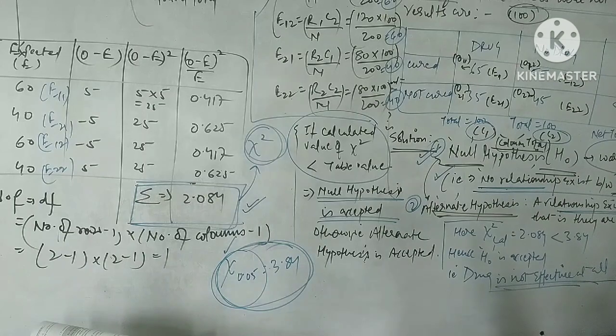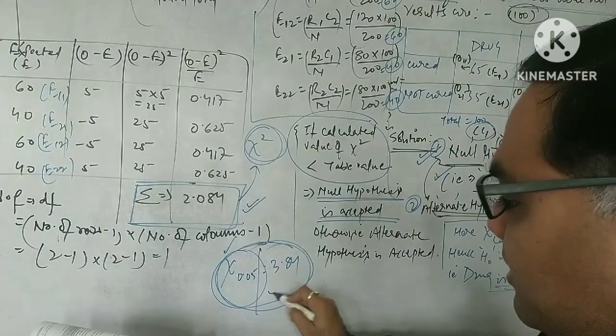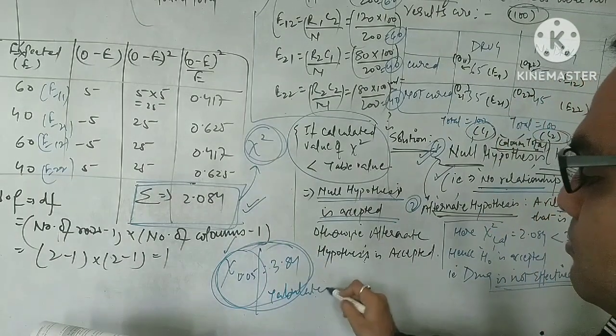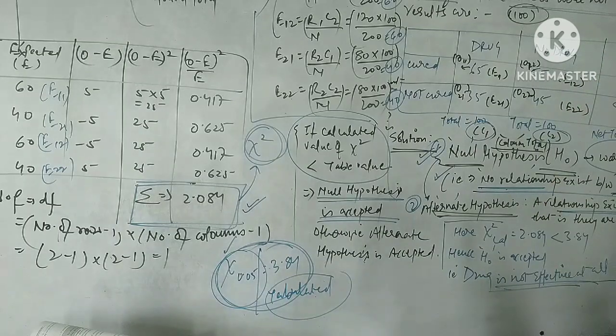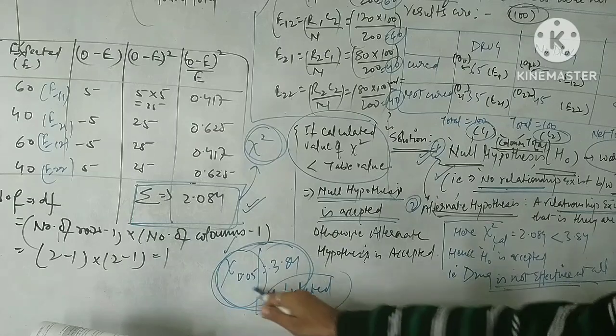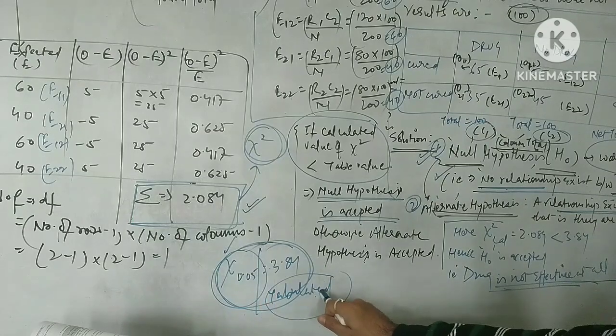At the 5% level and 1 degree of freedom, this is the tabulated value, which is provided in the index of the book or given in a data sheet for chi square.